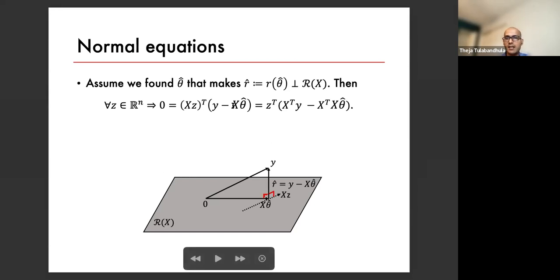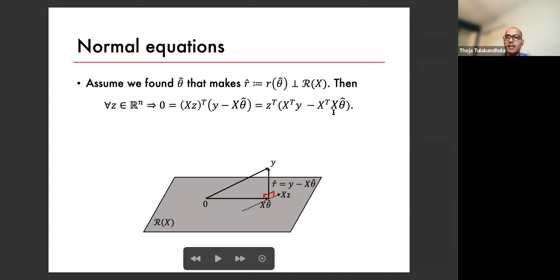If you expand this inner product, you use the properties of the transpose operation: (xz) the whole transpose is equal to z transpose x transpose. Then x transpose gets multiplied with y, and x transpose gets multiplied with x theta hat.